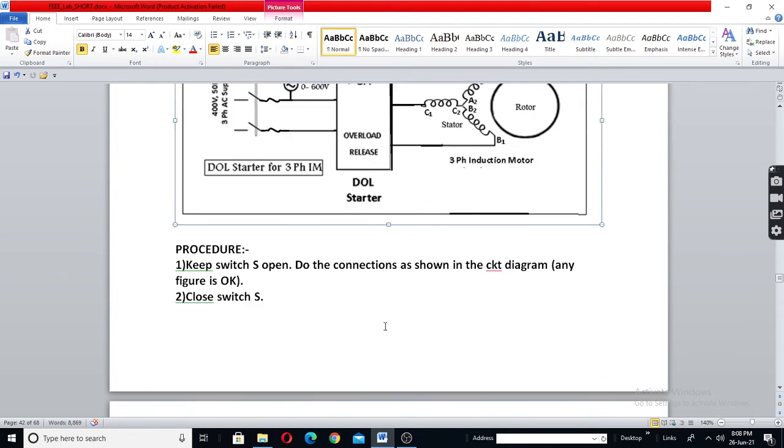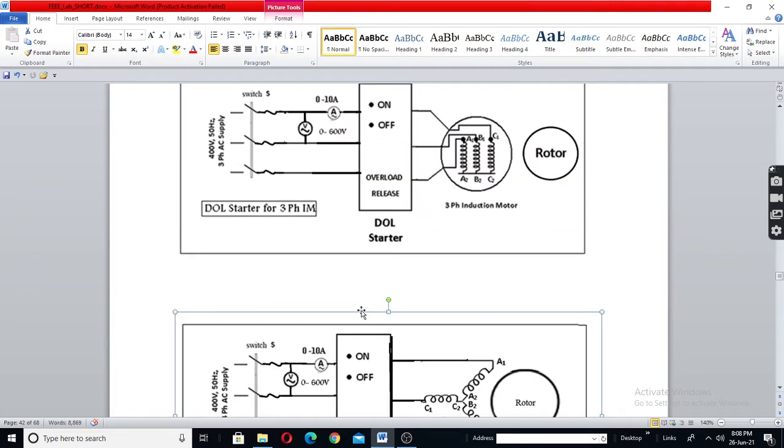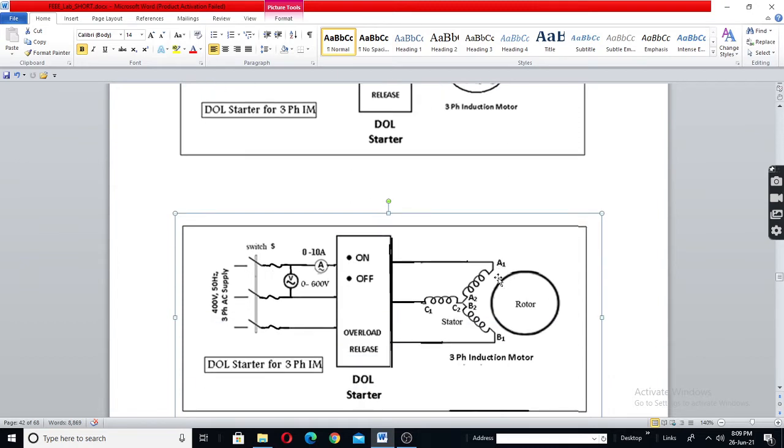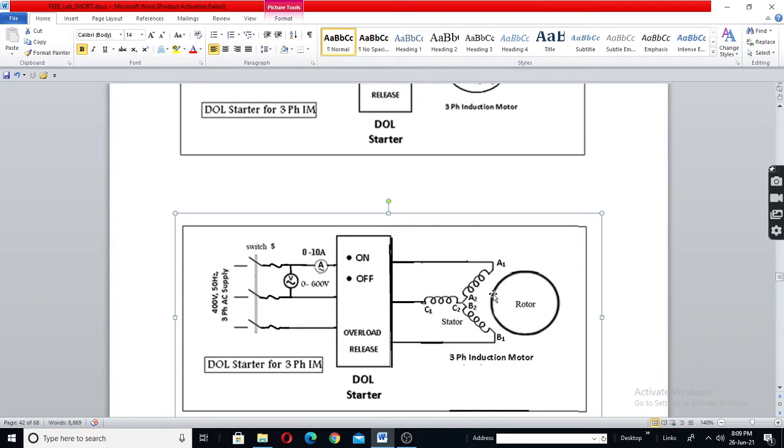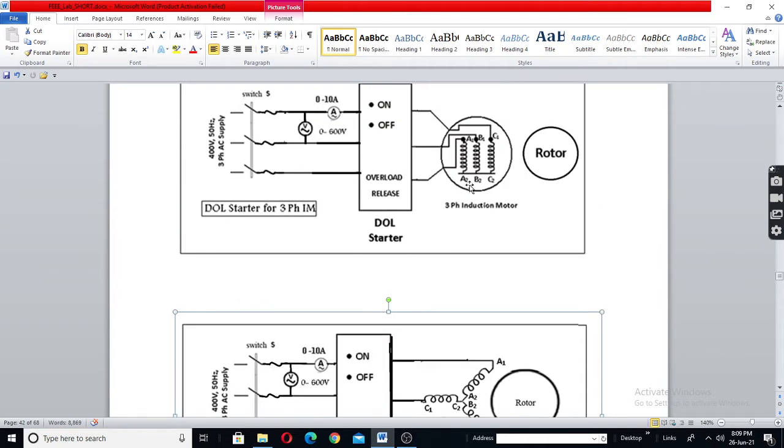Now, in the laboratory setup, these windings from the motor are brought on the panel and kept in straight order. Actually, inside they will be 120 degrees displaced. You can draw this figure or this figure. Anything is okay.